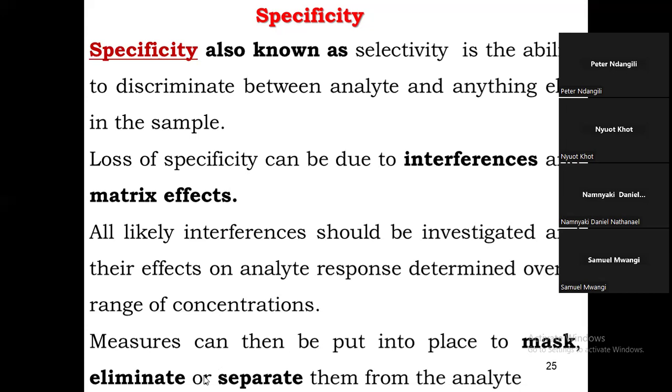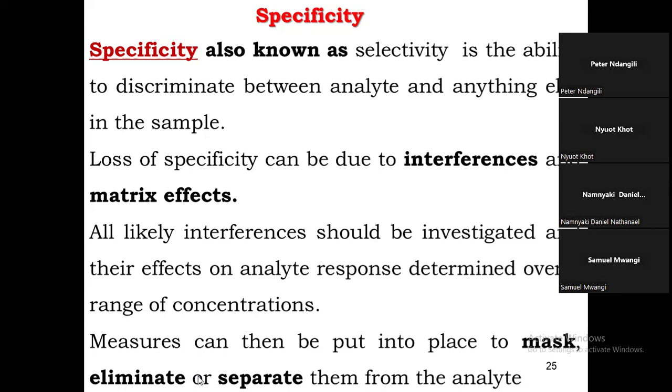Now, all likely interferences should be investigated and their effects on analytical response determined over a range of concentrations, so that when you are coming up with a particular method, we know that when you are detecting this particular analyte, you are likely to encounter interferences from substance 1, substance 2, substance 3.